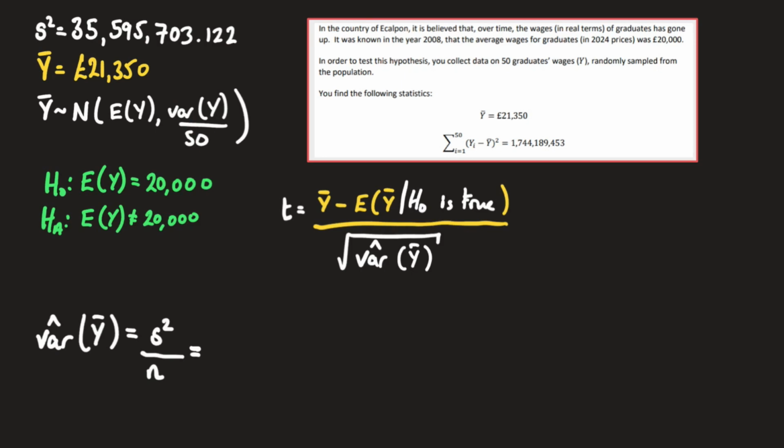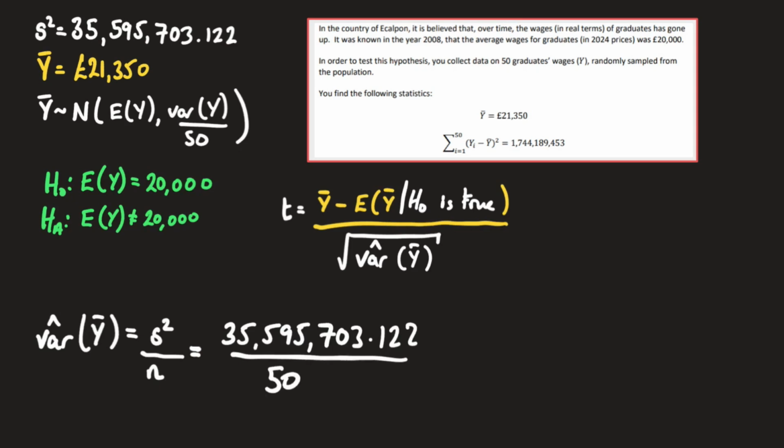Our s squared is equal to 35,595,703.122. Our n is 50, so our estimated variance of the sample mean is going to be equal to 711,914.062.